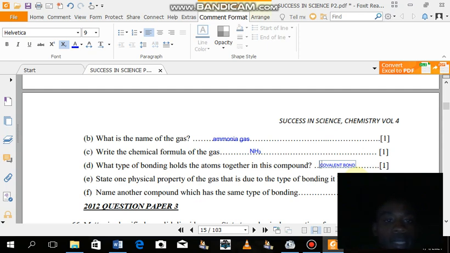Alright, number E, state one physical property of the gas that is due to the type of bonding it has. We understand that the physical property is that it has a low melting point and also a low boiling point.